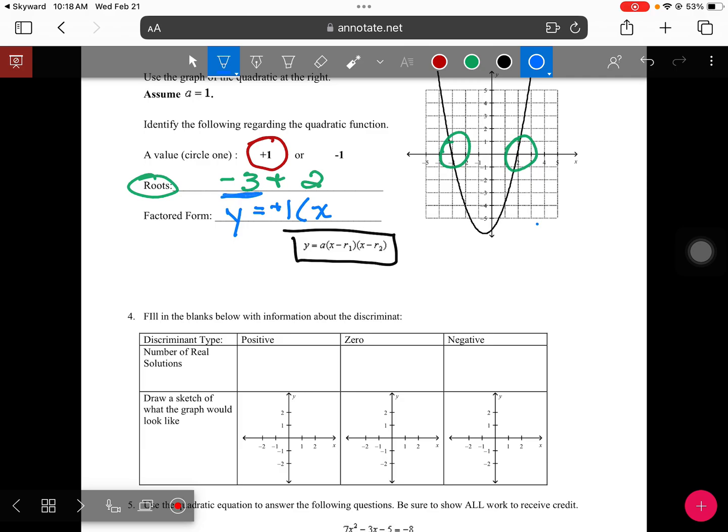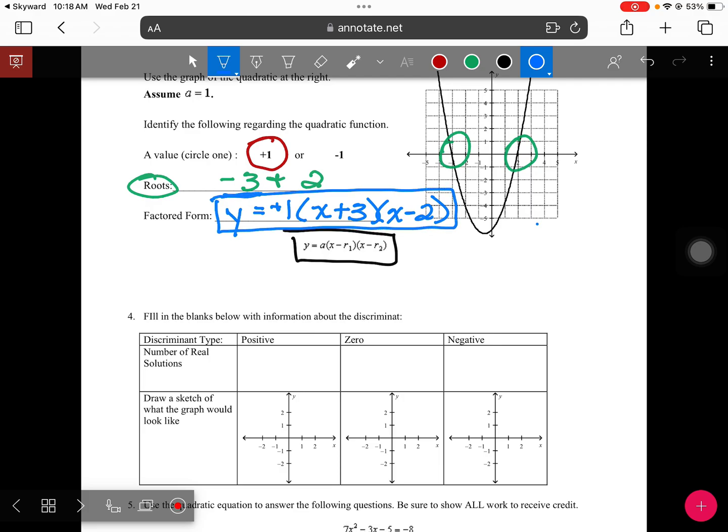Well, root 1 is a negative 3. Can you subtract a negative 3? No, so it's going to be x plus 3. And over here, my second one is going to be x minus root 2. So x minus the root 2 is x minus 2. So this is your final answer.